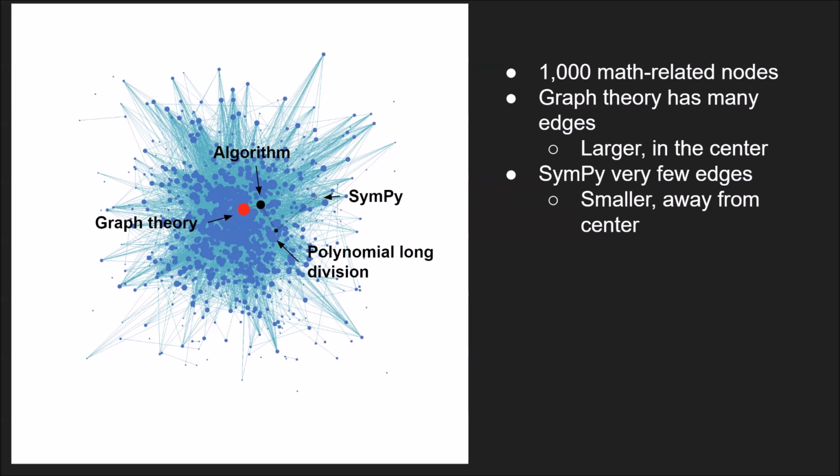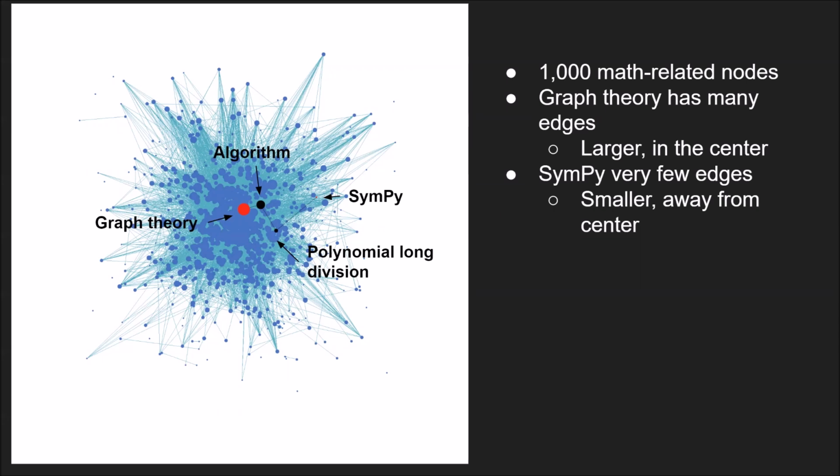So here is one example of a force-based drawing that we created. 1,000 nodes that are math related, and the shortest path from SymPy to graph theory is highlighted on here.